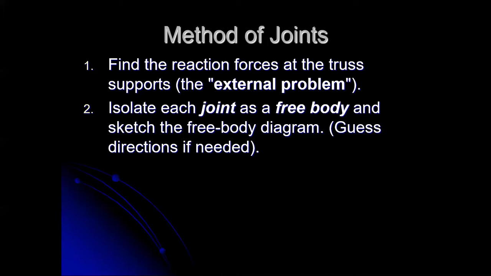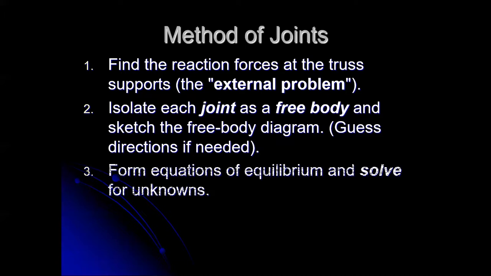When we draw our free body diagram, we'll find that we have two unknowns, and we can solve for two unknowns with our equations of equilibrium. The sum of forces in the x direction equal to 0, and the sum of forces in the y direction equal to 0. So we can form our equations of equilibrium and solve for our unknowns. And through that solution, we'll figure out how much force each member of the truss is carrying, and we'd find its state, whether it's in tension, in compression, or if it's unloaded.